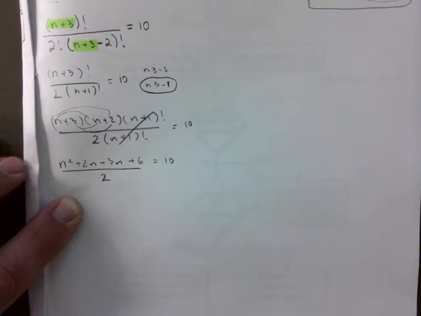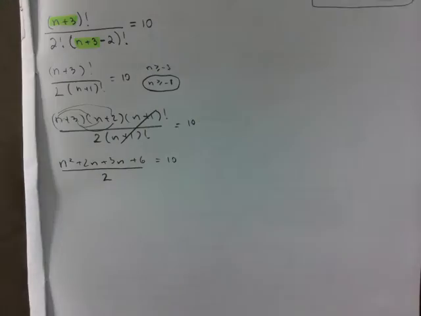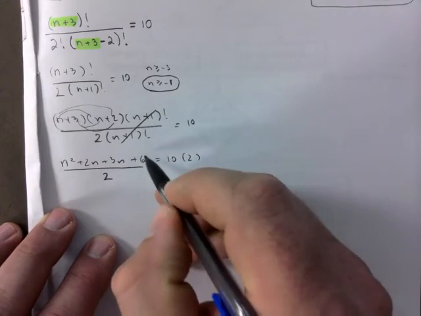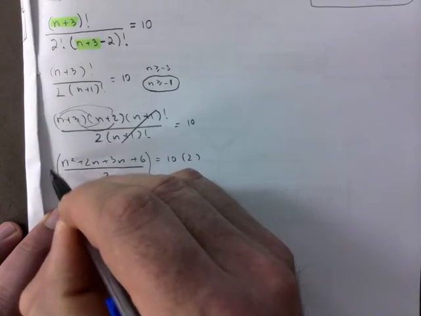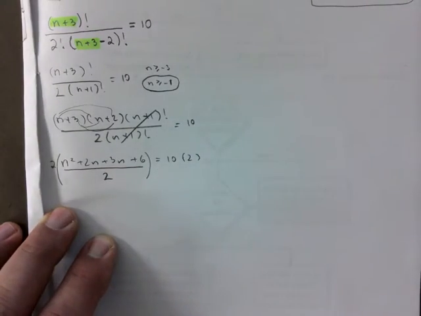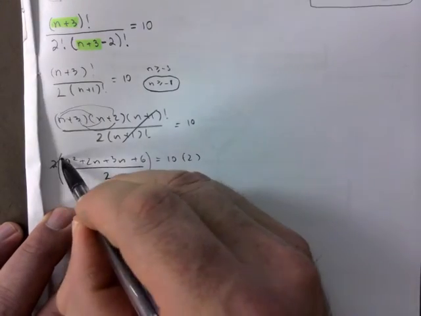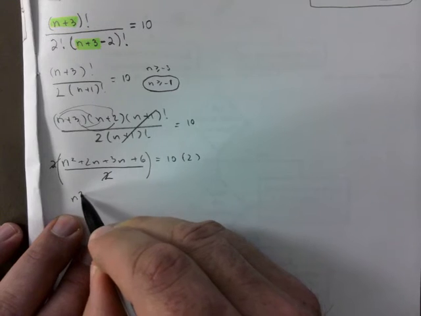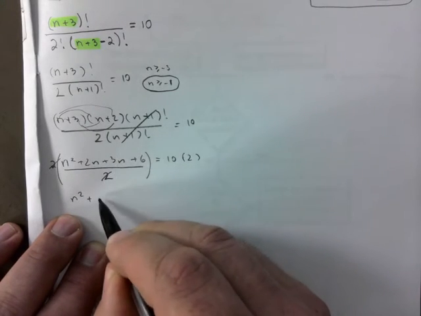Don't forget about the 2. Maybe at this point I will multiply both sides by 2. Technically you want to show it like this maybe, right? That's the best way to do it. So that gets rid of the 2s here. You're left with 20 on the other side, and I'm already going to collect my like terms.